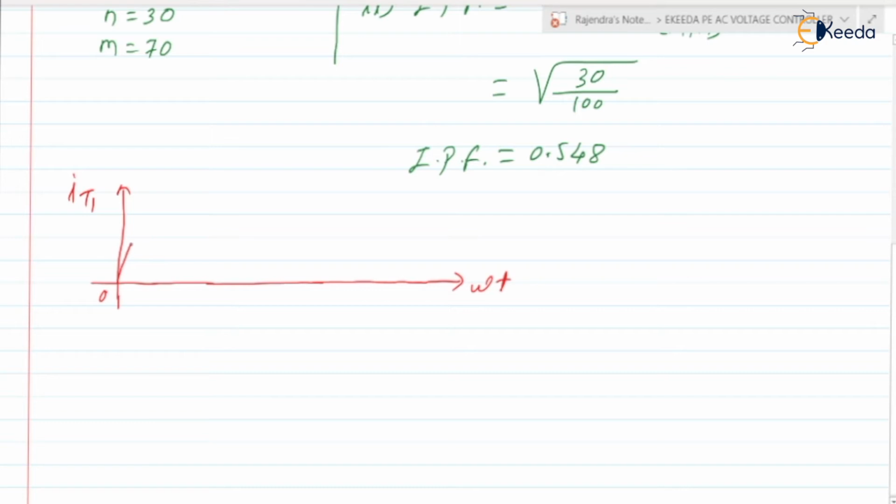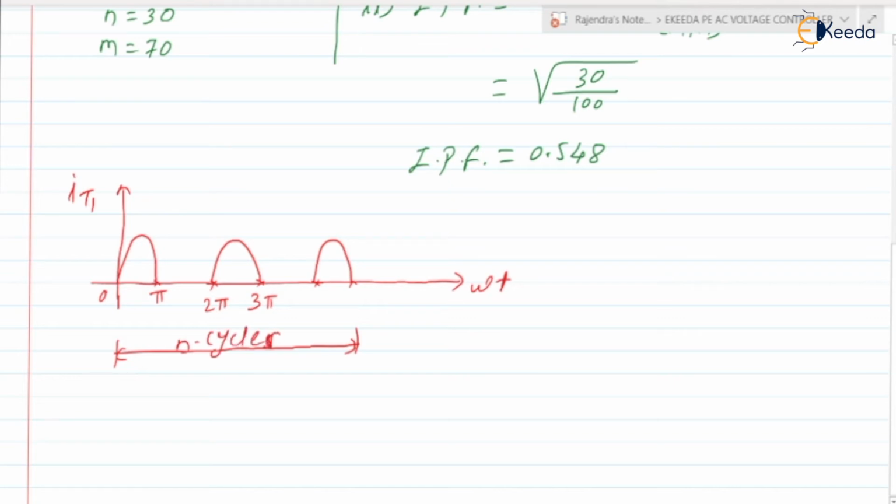So for IT1 the waveform will be like this: 0 to pi it is non-zero; pi to 2 pi it is 0; 2 pi to 3 pi it is non-zero; 3 pi to 4 pi it is 0. Again the same cycle repeats. But this will be for the first N cycles only.